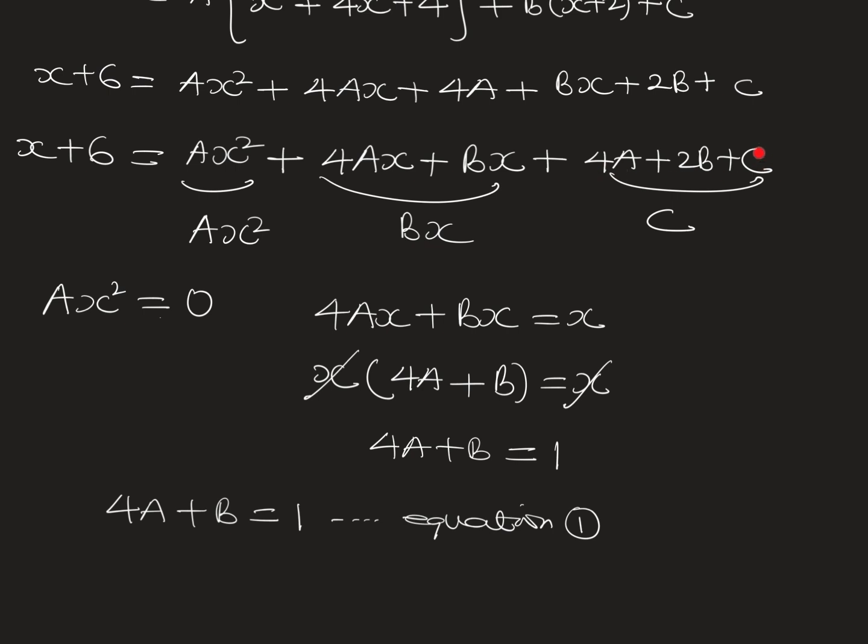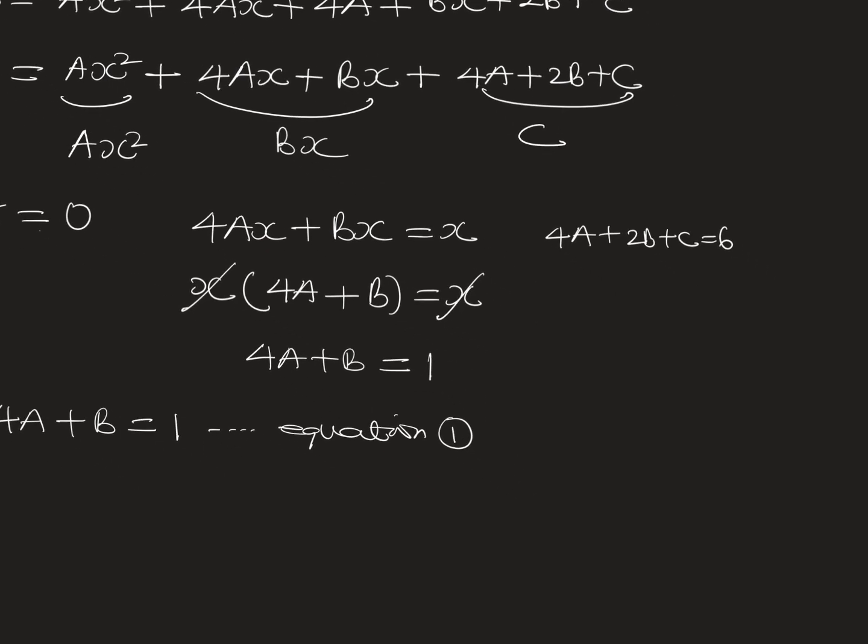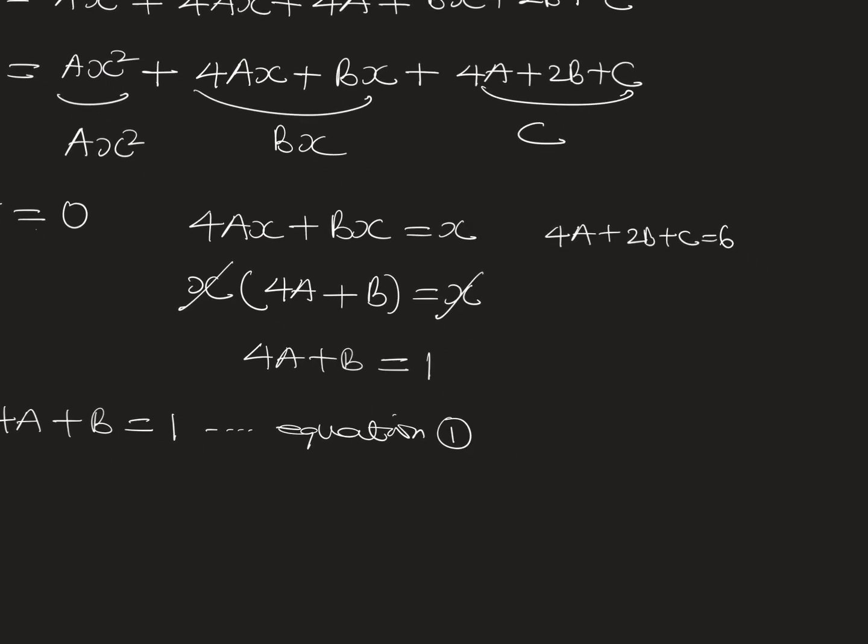Then we move to those that do not have x with them, that is 4a plus 2b plus c. Then we can compare that with a number here, that is 6. It means that 4a plus 2b plus c is equal to 6. Okay, so if that is the case, is there anything that I can factorize? No. But we know that c is equal to 4, right?